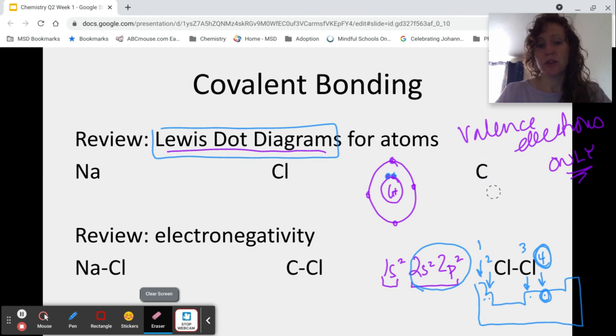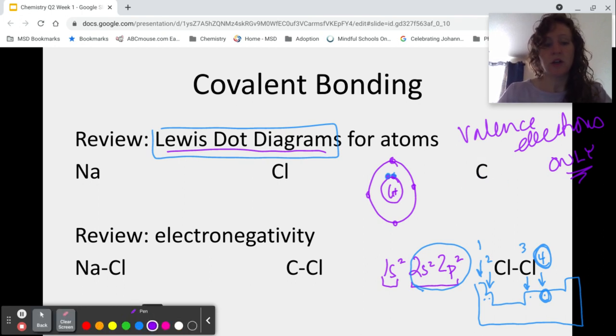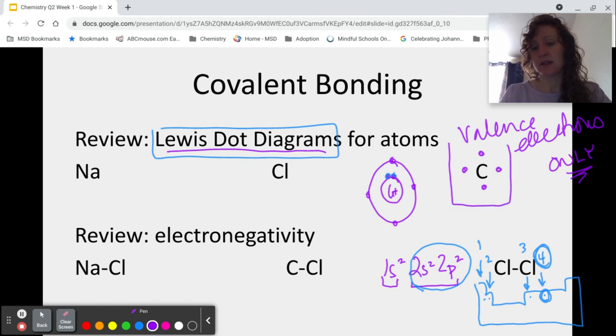So we put 1 valence electron, 2 valence electrons, 3 valence electrons, and 4 valence electrons around carbon. Now, I don't have to pair any of them. They all can exist on their sides unpaired. So that is the Lewis dot diagram for carbon.